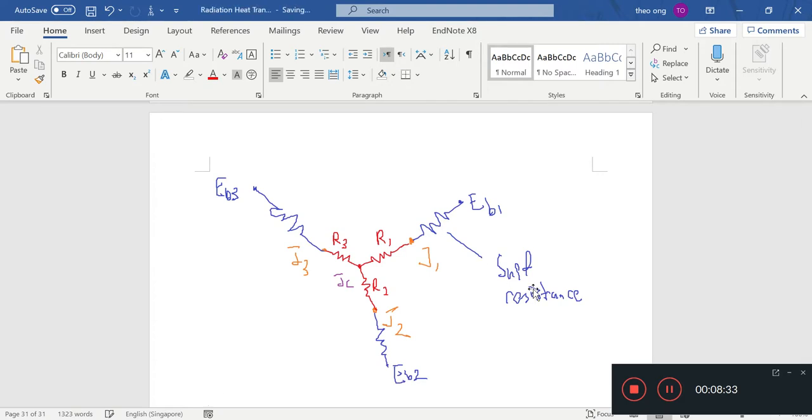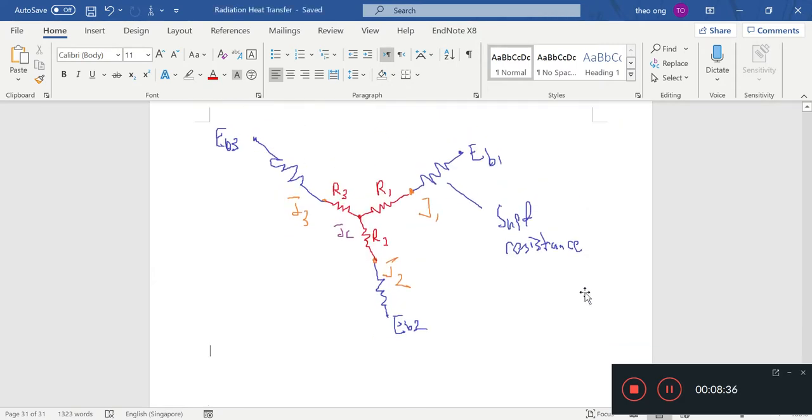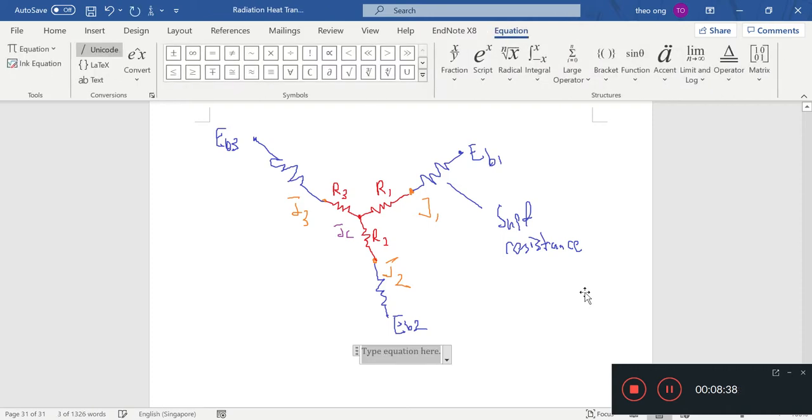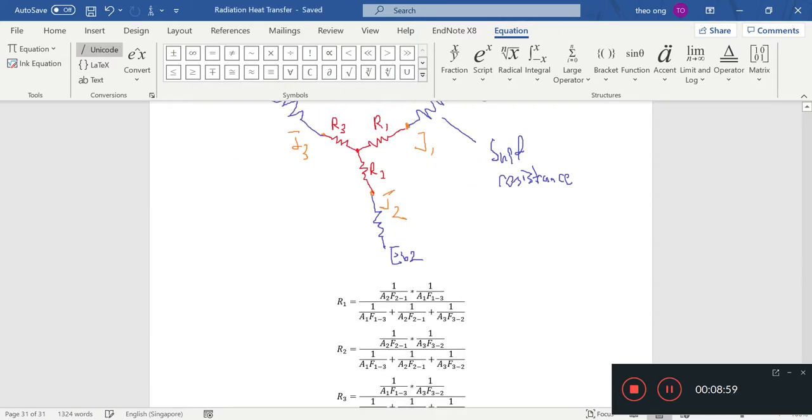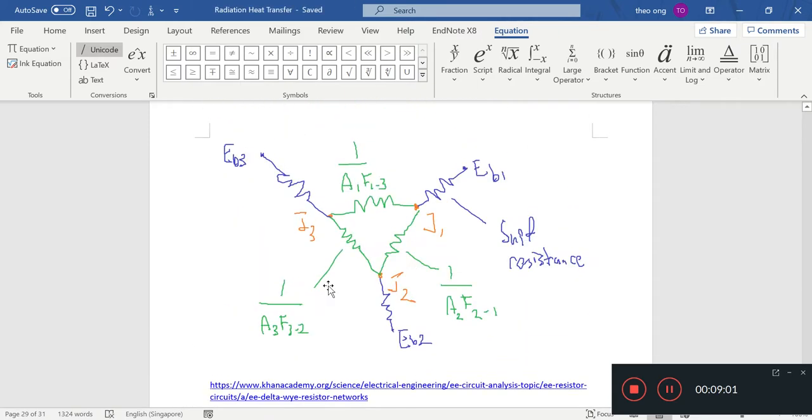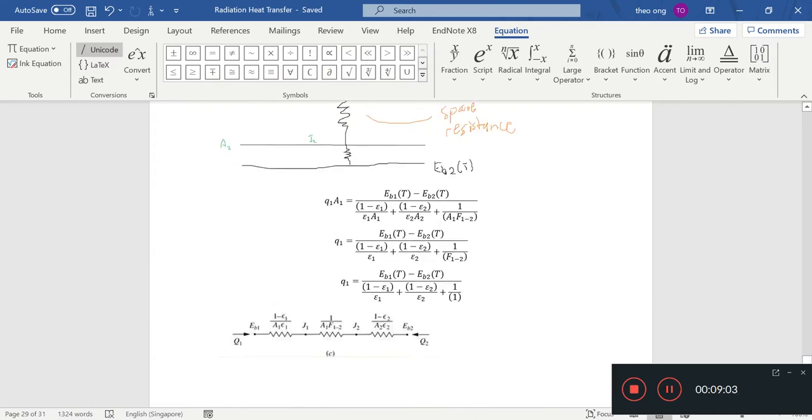Okay, so what does it mean? So Q3, for example, is equal to the potential difference, which is JC minus EB3, then you'll have the space resistance added to the surface resistance there.